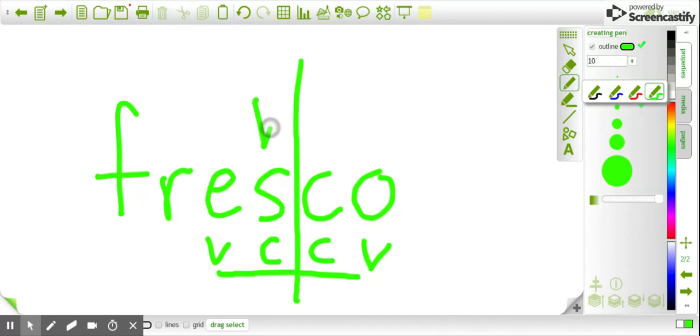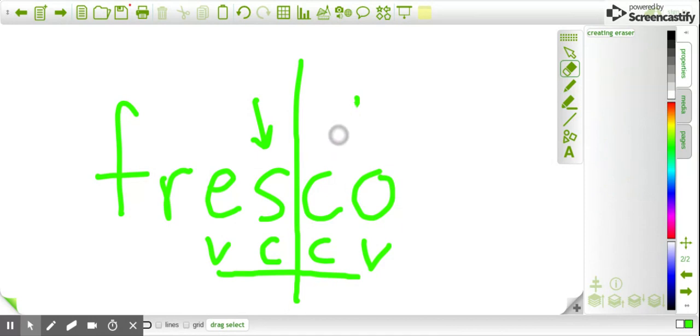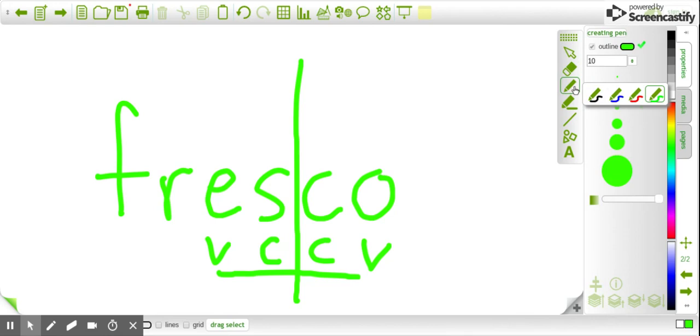The S is living in the first syllable, and the C is living in the second syllable. They live in separate syllables. So they're really not acting as blends at all in here. It's kind of confusing, but the more you do it, the easier it'll get.